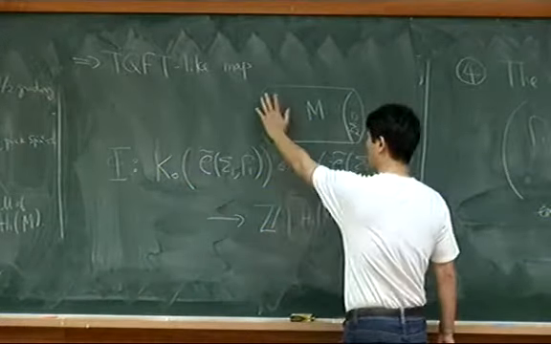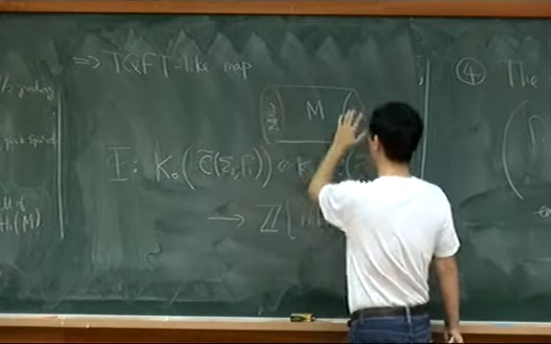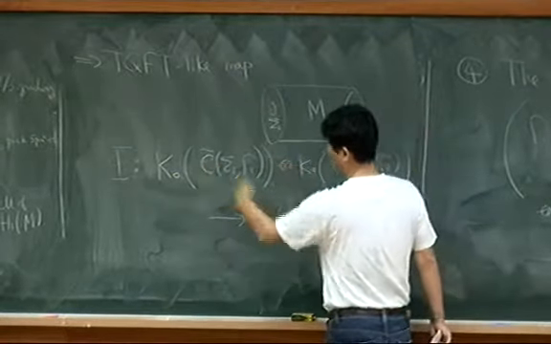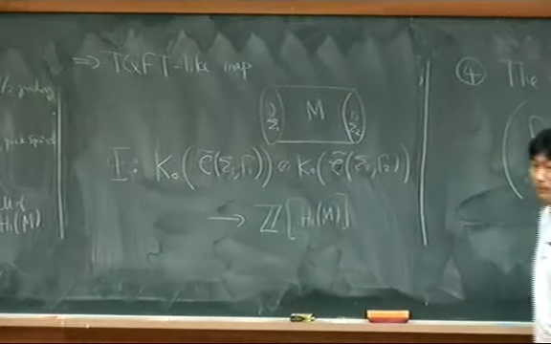To sigma 1 you assign a vector space, which is this Grothendieck group, to sigma 2 you assign a Grothendieck group, and to M you assign a map from the tensor product to that one.